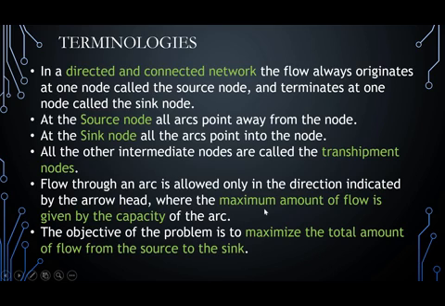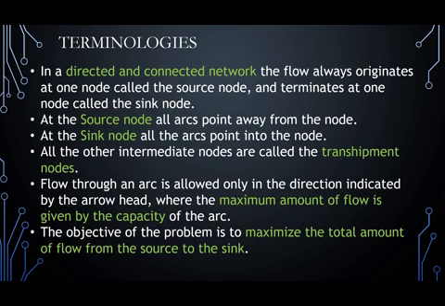And the maximum flow that can happen through that arc will be specified on the arc itself. Till now we were calling it the weight of the arc. In this particular problem we call it the flow capacity of the arc, where the maximum amount of flow is given by the capacity of the arc.